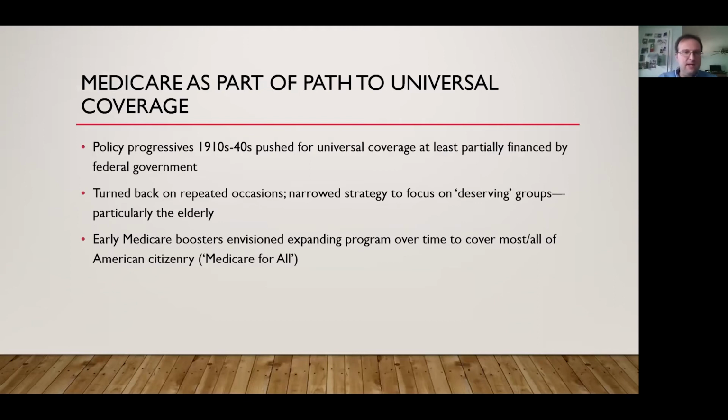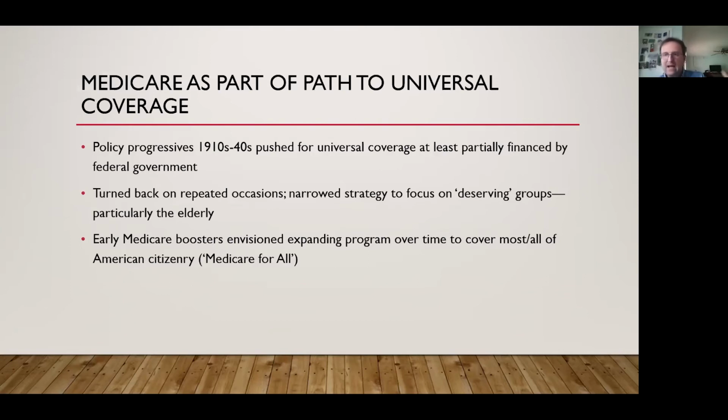So again, as I've said, Medicare was a part of what appeared to be a path to more universal coverage. This had been a battle that had been waged all the way from the 1910s through the 40s and indeed beyond. Initially, the drive was for universal coverage nationally, that would be at least partially financed through the federal government. However, time and time again, due to opposition from various quarters, including, as I mentioned, Southern Democrats, for reasons of race politics, but also organized medicine.